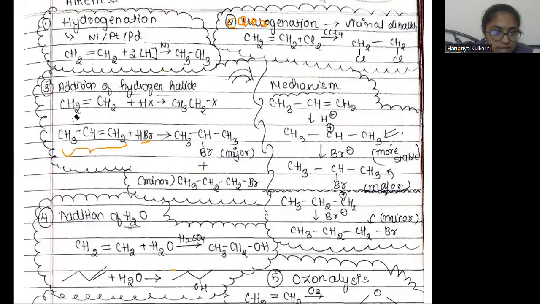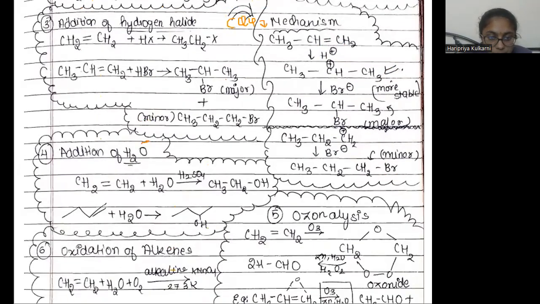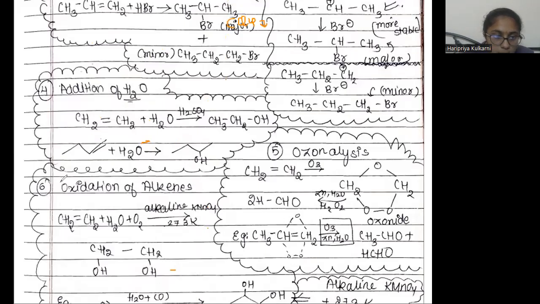Okay, coming to the next one, which is addition of H2O, that is water. Again, we'll take our alkene plus water in the presence of H2SO4, which is a dehydrating agent, and it will give us CH3CH2OH, which is ethanol, right?